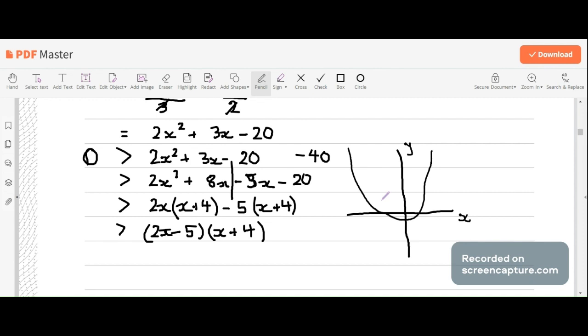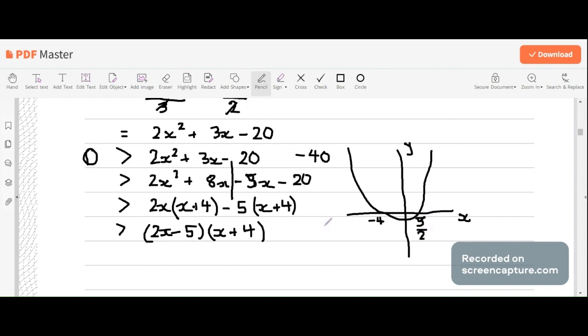We know that it crosses at x equals negative 4. So this is where it's going to equal 0. And 5 over 2, so 2.5. So I'll just go 5 over 2. Okay, so that's that point there.